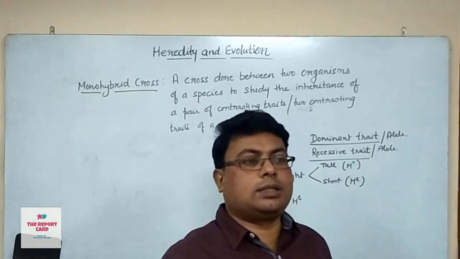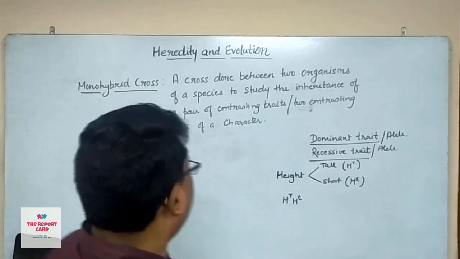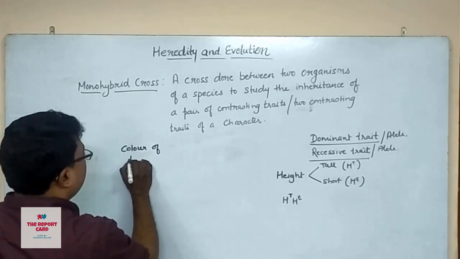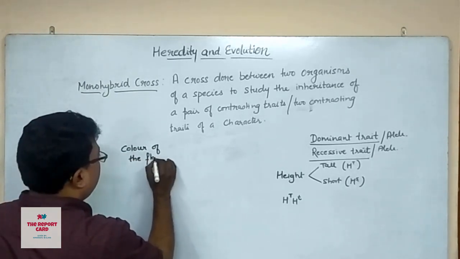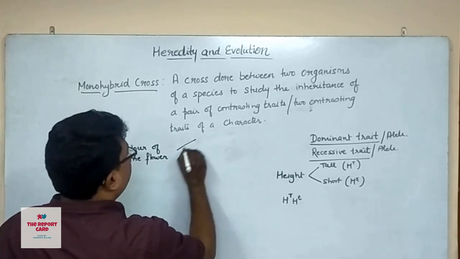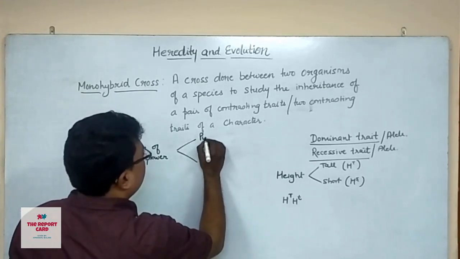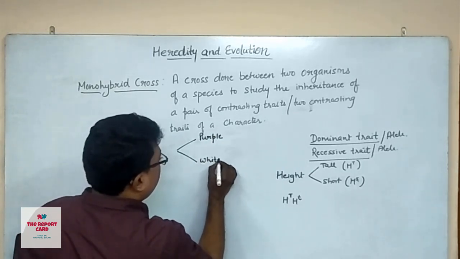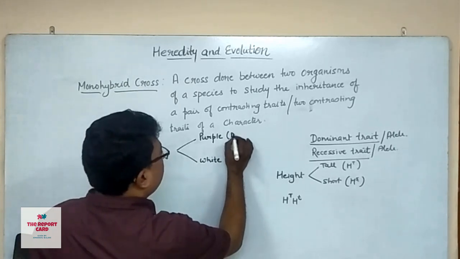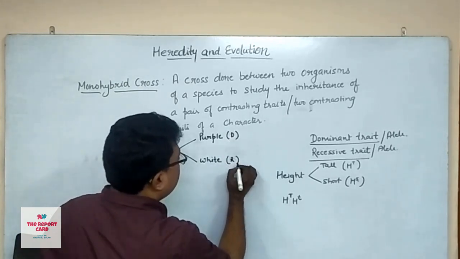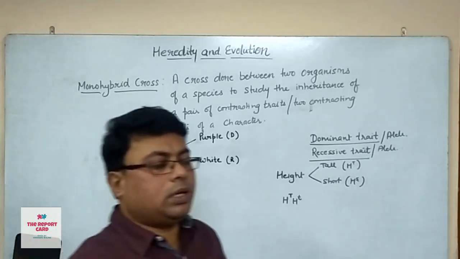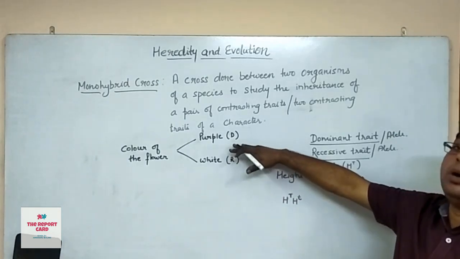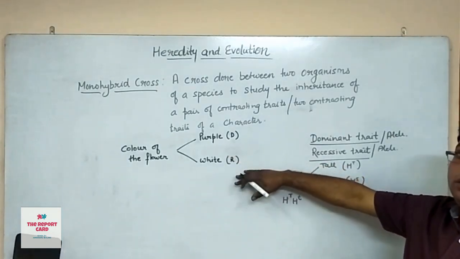Let us take the example of the color of flower. Now we know that we have two colors, purple and white. Purple is a dominant trait and white is a recessive trait. Now how are we going to depict purple and white genotypically?